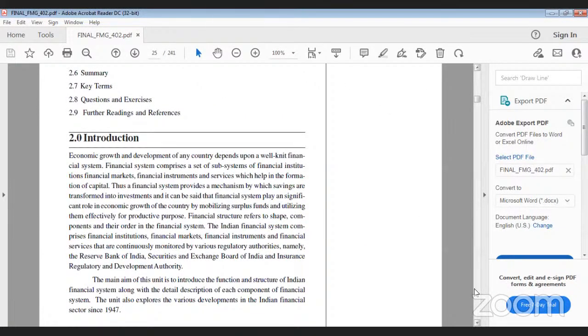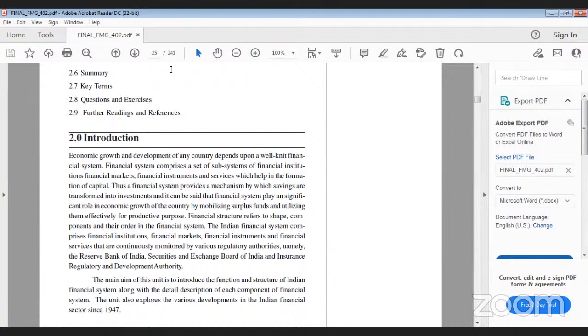Economic growth and development of any country depends upon a well-knit financial system. The financial system comprises a subsystem of financial institutions, financial markets, financial instruments and services which help in the formation of capital.